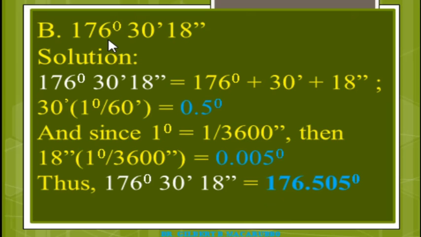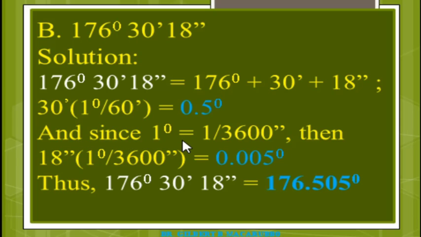Letter B. 176 degrees, 30 minutes, and 18 seconds is just equal to 176 degrees plus 30 minutes plus 18 seconds. Converting 30 minutes into a degree, we multiply 1 degree over 60 minutes, so that minute will be cancelled out. 30 over 60 is simply equal to 0.5 degrees.